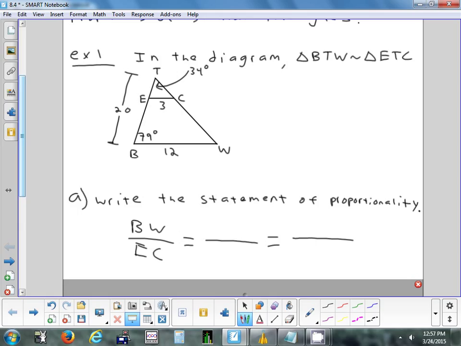BT over ET. BT is the one on the left, and ET is also the one on the left for the small one. And one more. WT over CT. Oh yeah, WT, my bad. Over CT. That's the big one on the right compared to the small one on the right. Yep, that's a statement of proportionality.